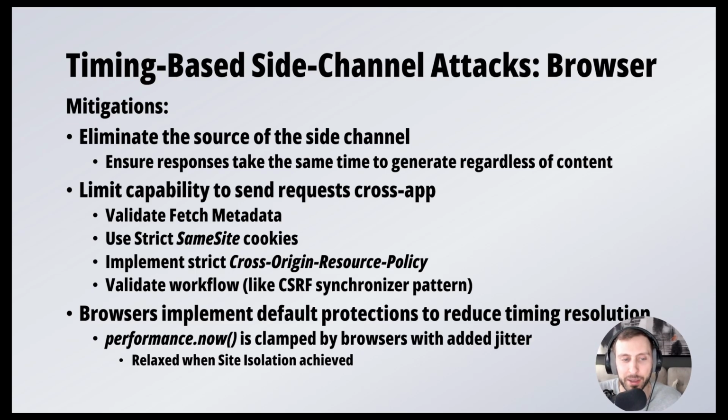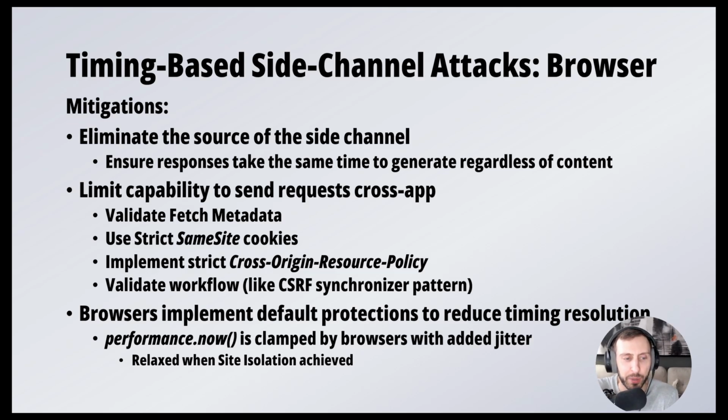All of these mechanisms are ultimately designed to prevent a malicious application from sending a request to ours and having it processed to actually accomplish the search. Those protections can work too. It may not work if you have an application that needs to support those types of cross-app, cross-site, cross-origin type requests. So therefore, I do think in most cases it makes sense to eliminate the source of the timing leak.